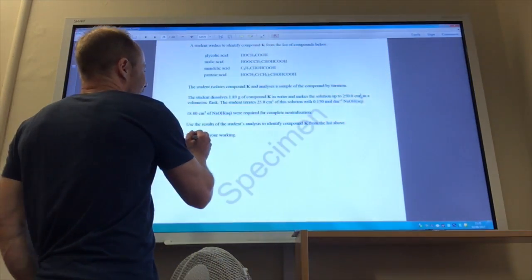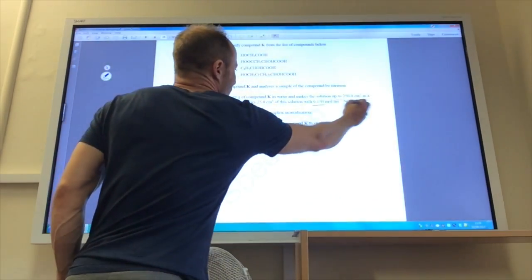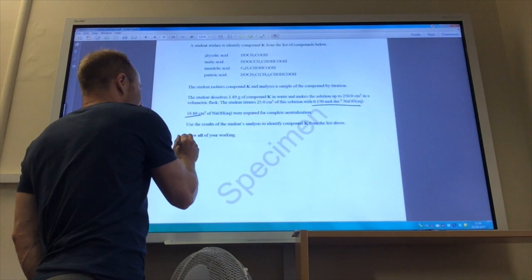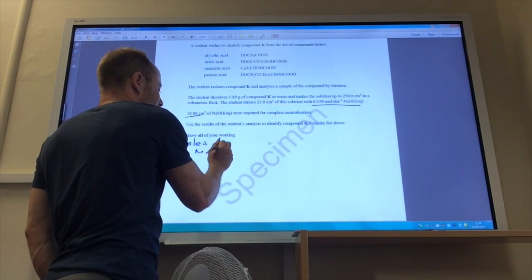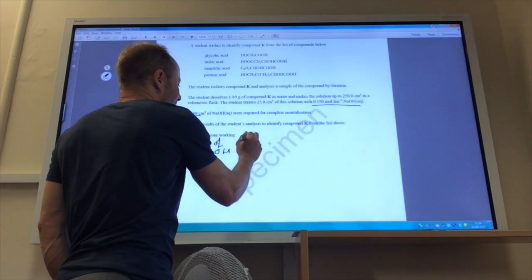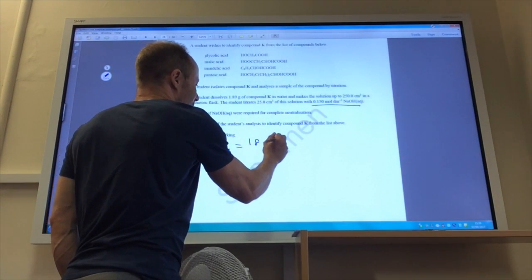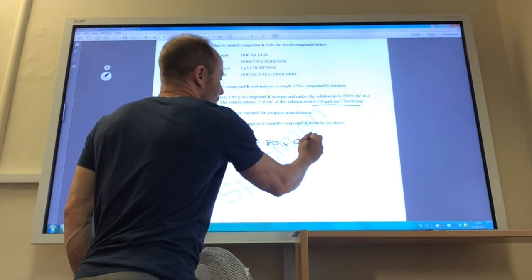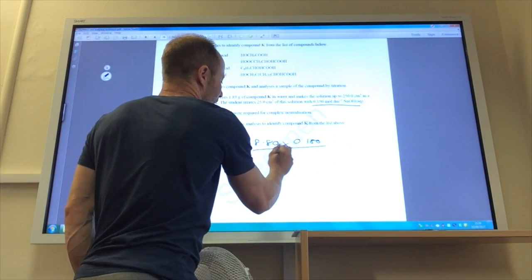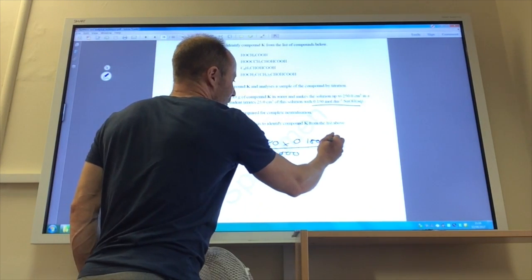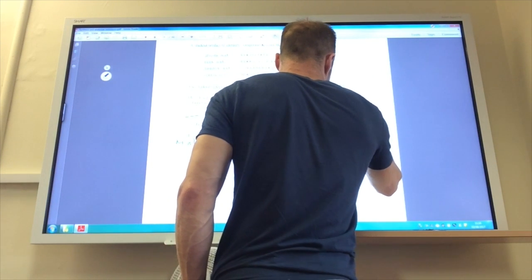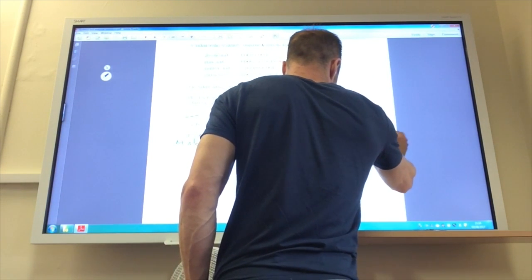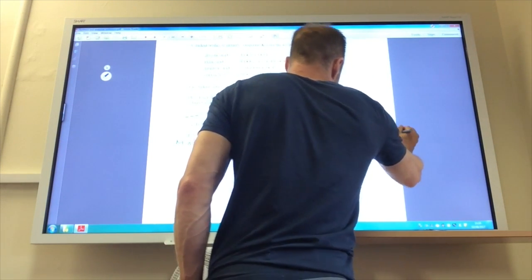Well, I can work out the number of moles of sodium hydroxide, because I've got a concentration and a volume. So moles of NaOH is going to be the volume times your concentration over 1,000, and that comes to 2.82 times 10 to the minus 3 moles.